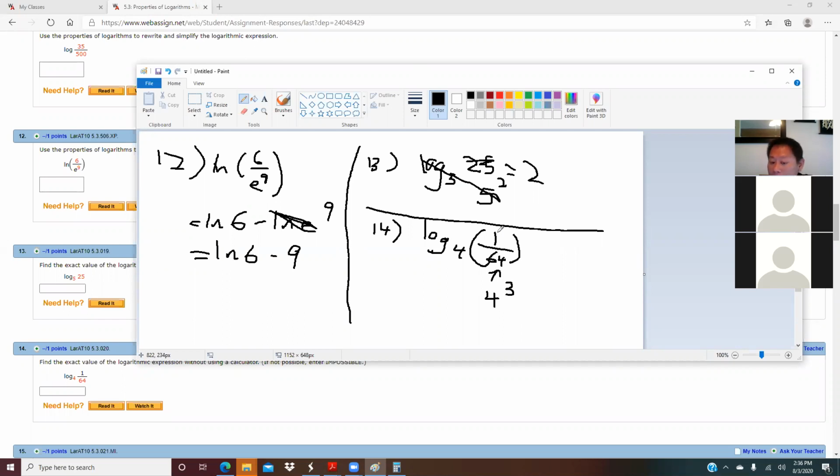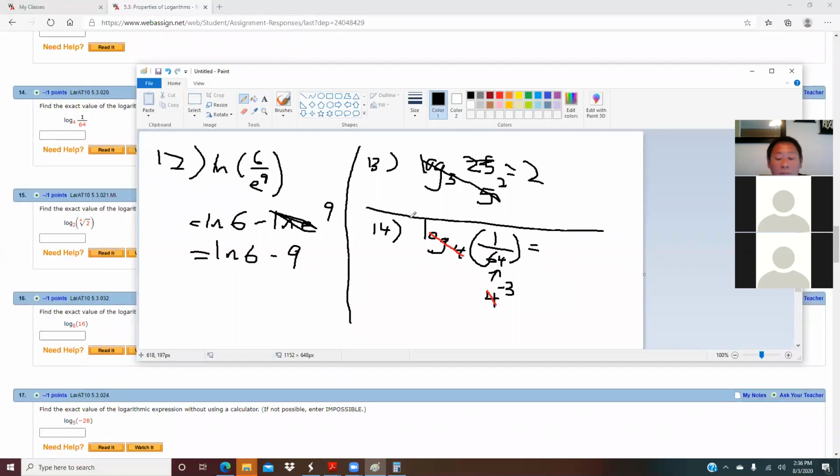But do you guys remember what happens when you put 1 over it? This 3 has to be what? When you put 1 over it, this 3 has to be negative, yes. So that means 1 over 64 is 4 to the negative 3. So what happens to the log 4 and the 4? They will cancel out. So your answer in this case is what? Anyone know what's the answer here? Negative 3, yep.